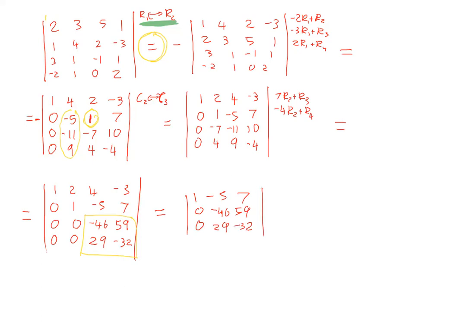If I expand with respect to the first column, because all the other things are 0. And now I can expand again with respect to the first column, and this will give me -46, 59, 29, -32. Now I have 46 times 32 minus 59 times 29.